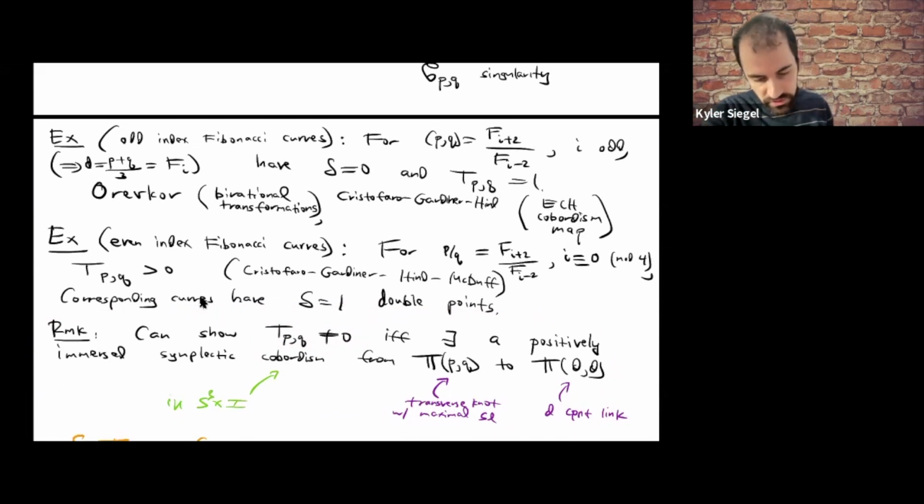TPQ has a canonical representative as a transverse knot with maximal self-linking number, and then you can also write TDD, but now this is a D-component link. So this is equivalent to the existence of a symplectic cobordism with positive double points from one transverse knot to a transverse link, or equivalently from a transverse knot to a capping of it in CP2.